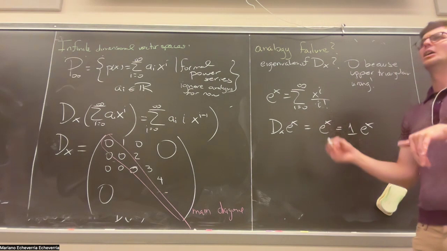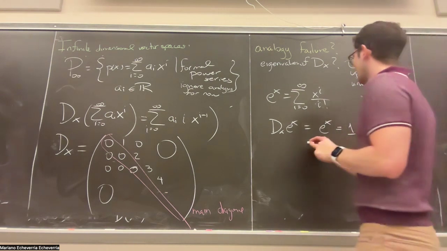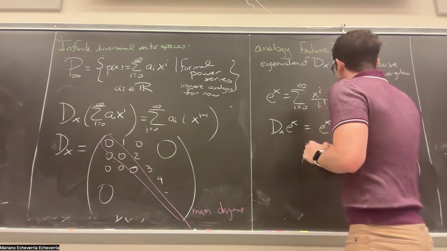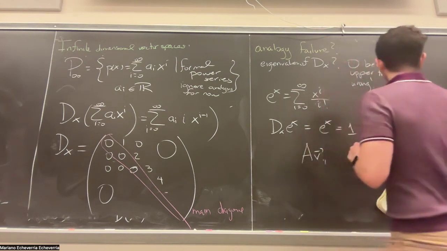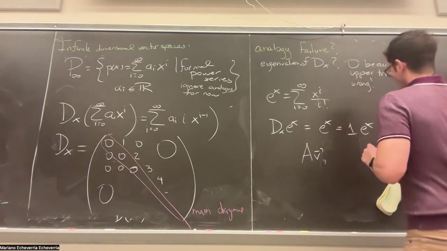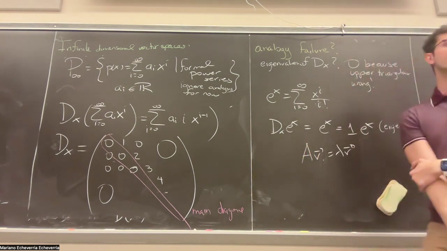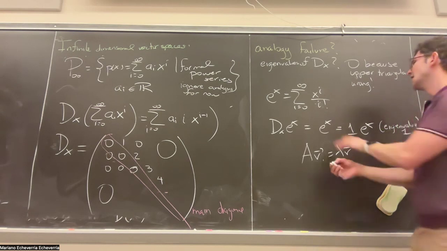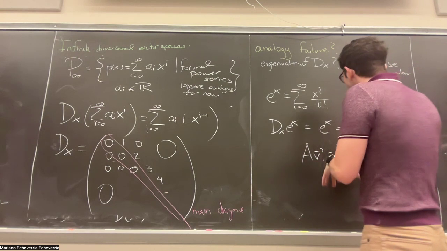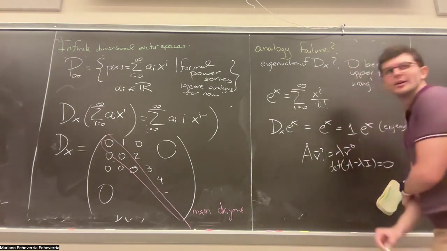One of the reasons you can see why you could have more issues: if you remember the original definition of the eigenvalue eigenvector equation in linear algebra, to find the eigenvalues you rewrite that as saying that the determinant of A minus lambda identity equals 0, right?